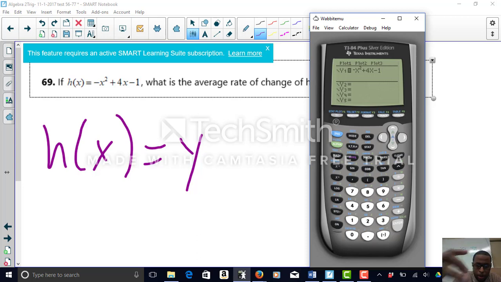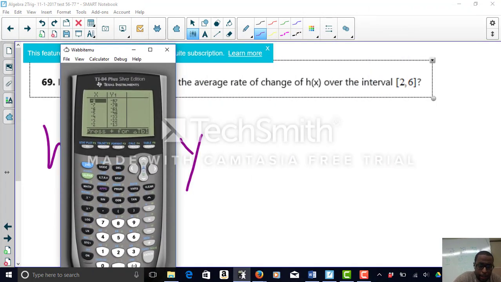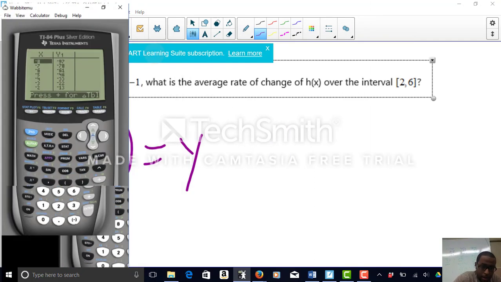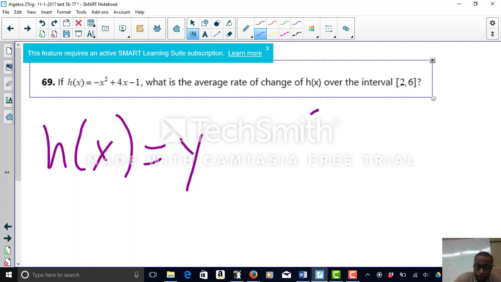And what I'm going to do is look for the table. So I'm going to press second, and I'm going to press graph, which above graph you see the word table. And now it gives me a table. So now I can look at the interval 2 and 6. So I'm going to scroll down, and I'll make it a little bit bigger so you can see. I'm going to go to 2. So my first point is 2, 3.